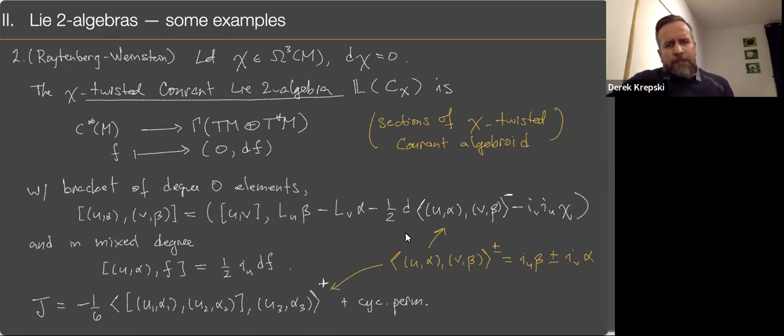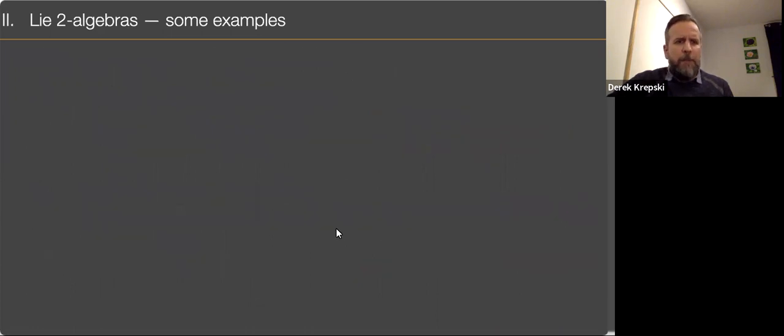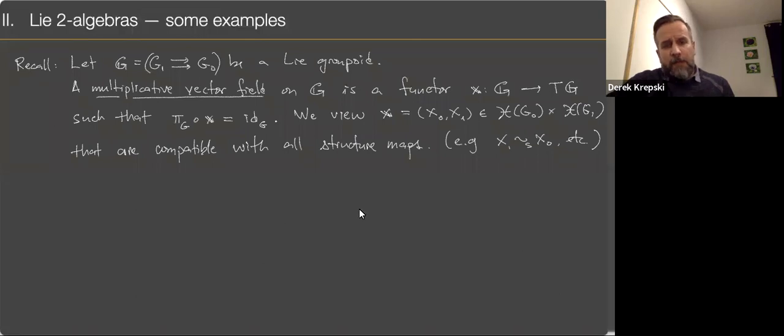All right. So for the next example of a Lie 2-algebra, we need to recall a little bit of terminology from Lie groupoids. If you have a Lie groupoid G, then a multiplicative vector field is like the groupoid version of a vector field.